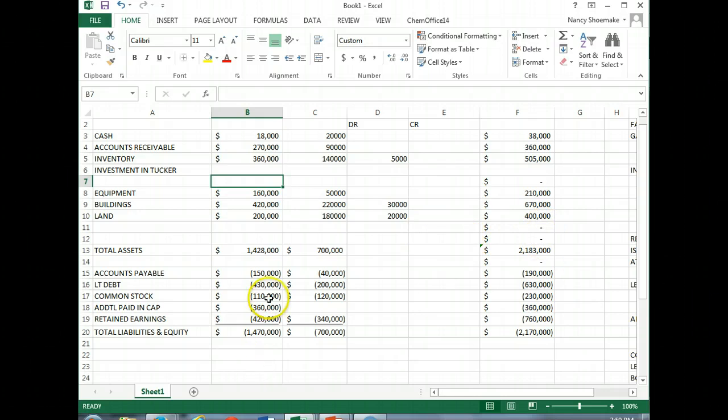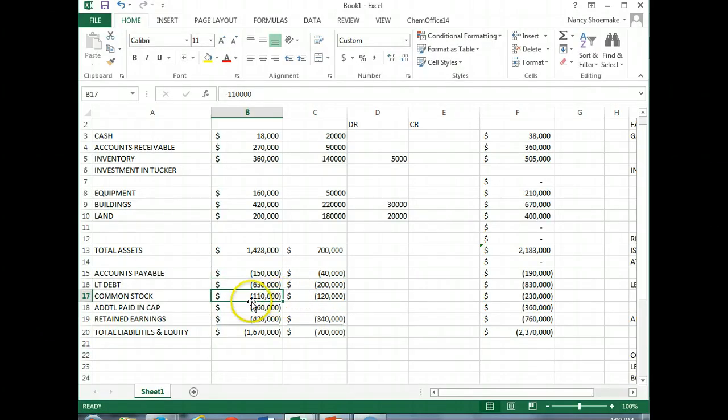$2,183,000. Then, if we look at our accounts payable, we're adding the two. Our long-term debt is the 430 plus the 200 plus the debt incurred by the parent in acquiring the subsidiary. Remember how we added some debt in acquiring this subsidiary? So basically, in acquiring it, we added another 200, or 630.